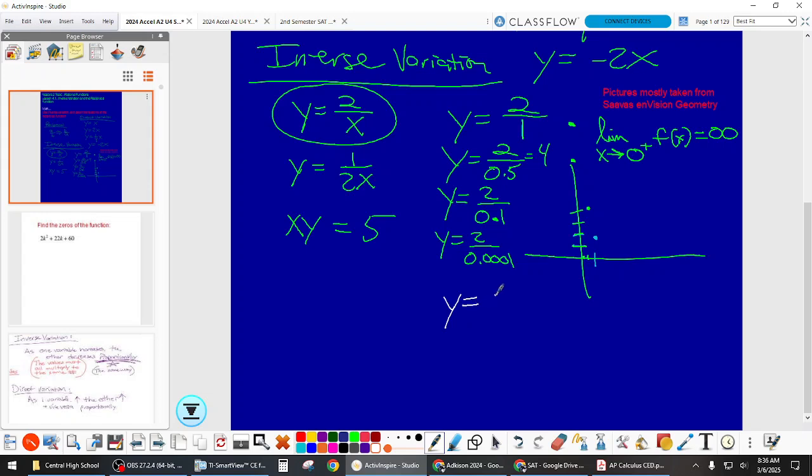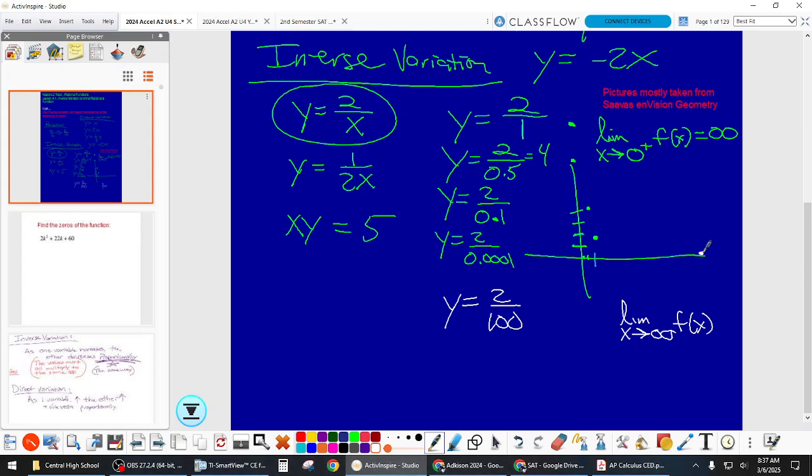What if we do y is 2 over 100? So now we're going to analyze the limit as x goes to infinity. So as we take off out to the right like we've seen, 2 over 100, what is that? 100 is way out here, but that's 0.02.